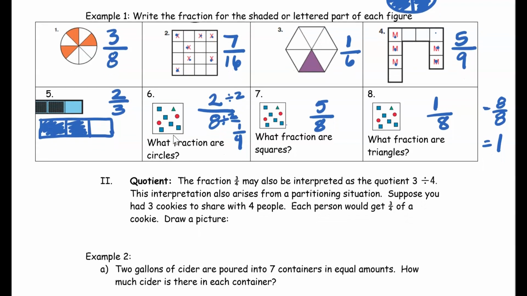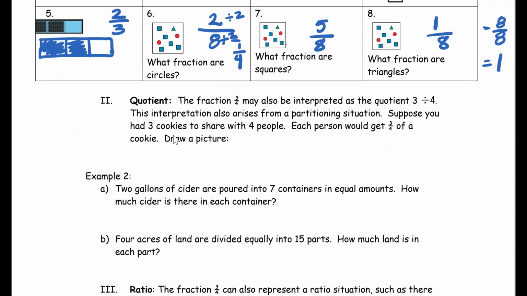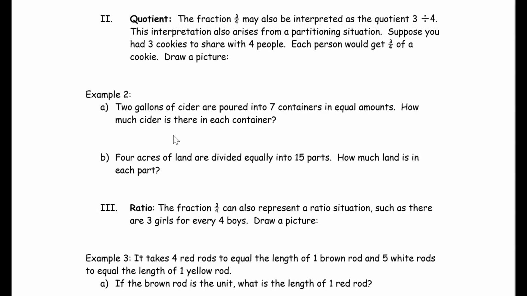So the other way that you can use fractions to represent a quantity would be what we call the quotient definition of a fraction. So 3/4 could mean 3 divided by 4. And that means 3 of something.